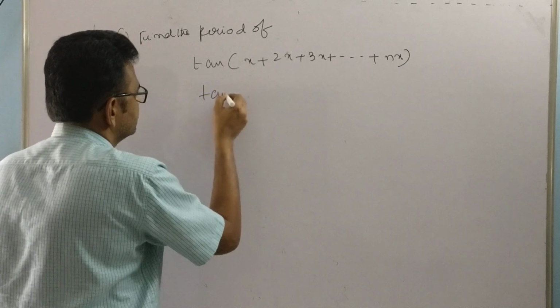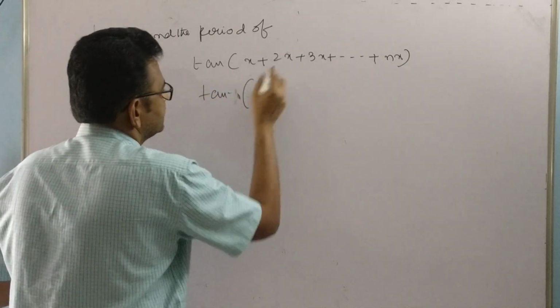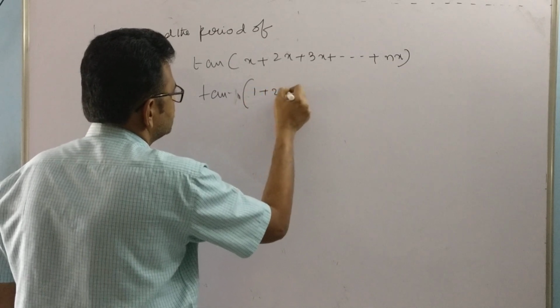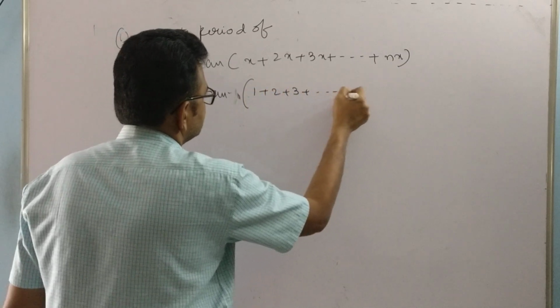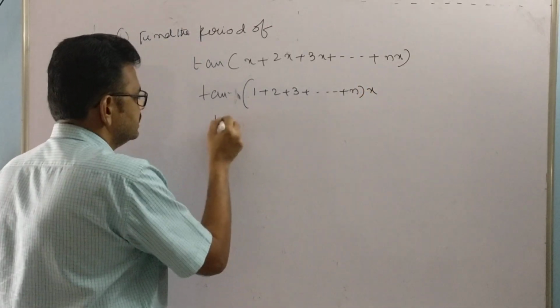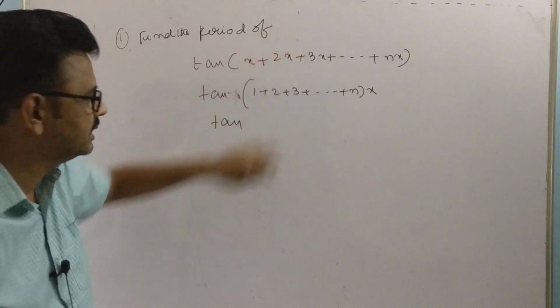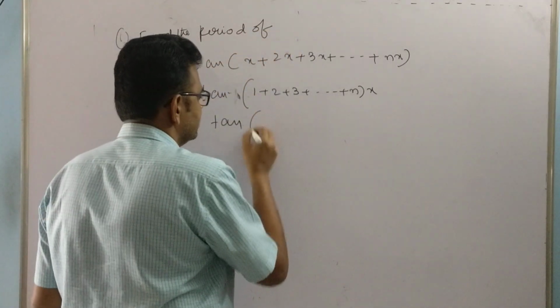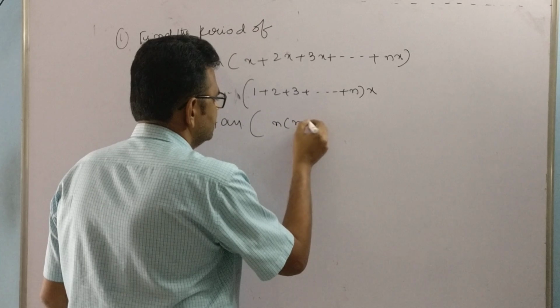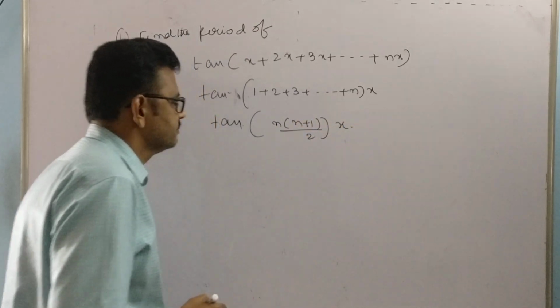Tan of this, with x taken common, is 1 plus 2 plus 3 plus and so on up to n, into x. So this is tan of the sum of the first n natural numbers, that means sigma n, so this is n into n plus 1 by 2 of x.